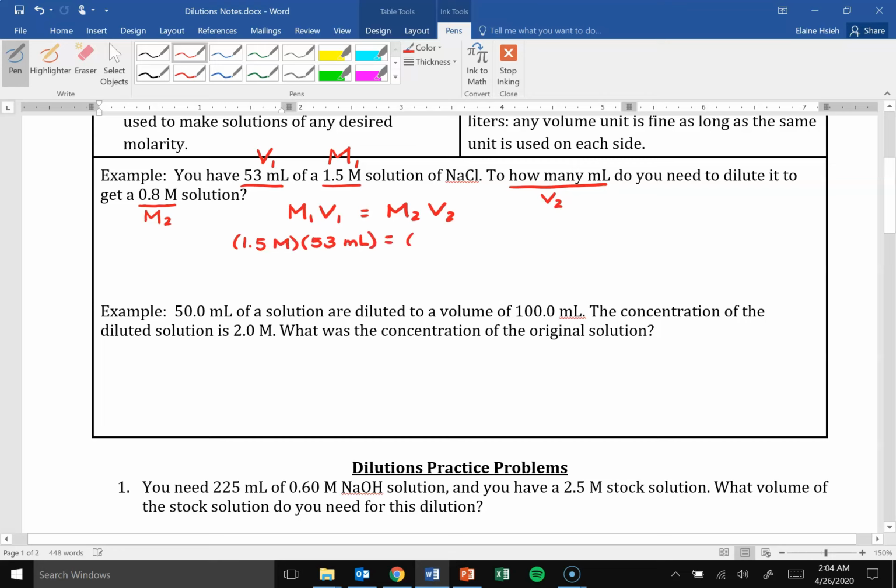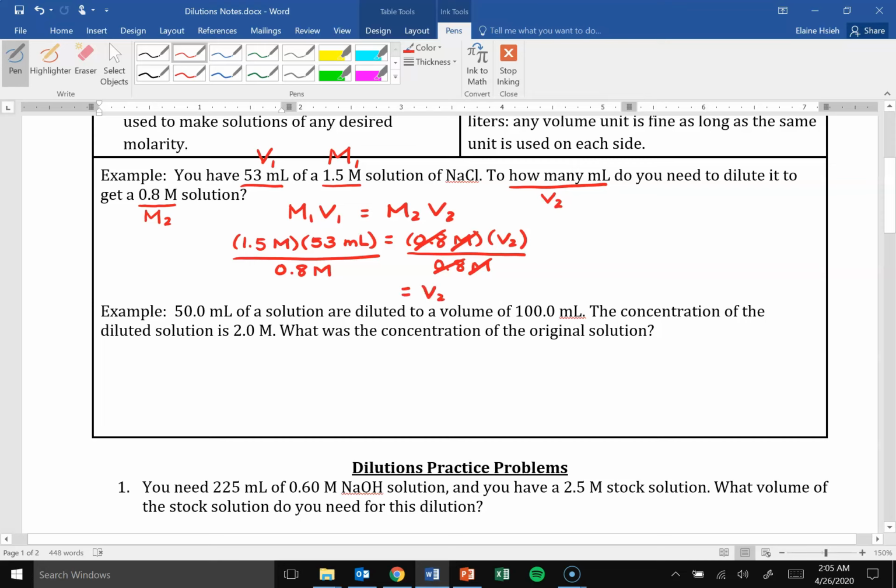M2 is 0.8 molar and V2 is our unknown. To solve for V2, all we need to do is divide by 0.8 molar on both sides. This will allow 0.8 molar to cancel out on the right side and leave V2 by itself.